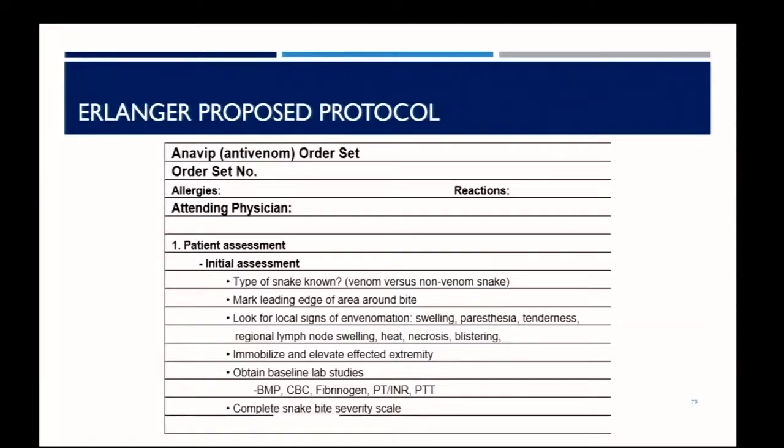And then this I just wanted to include for your reference. This is the proposed or approved order set for Avid. The first part includes the patient assessment. So like we talked about, do we know what type of snake it was? What are the signs and symptoms of envenomation? Did we get our baseline labs that we needed, and complete the snakebite severity score?